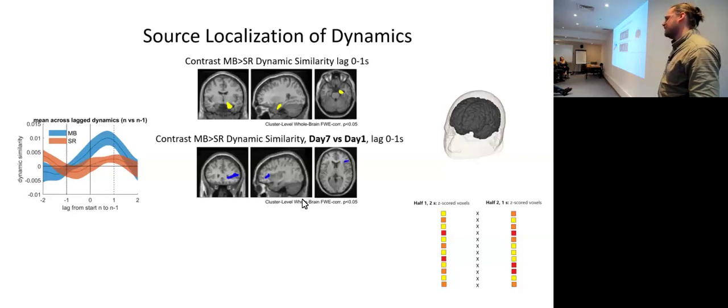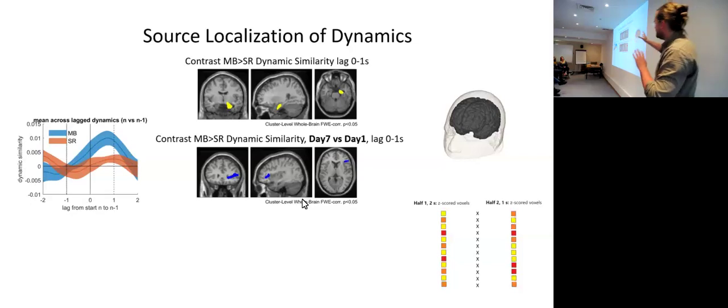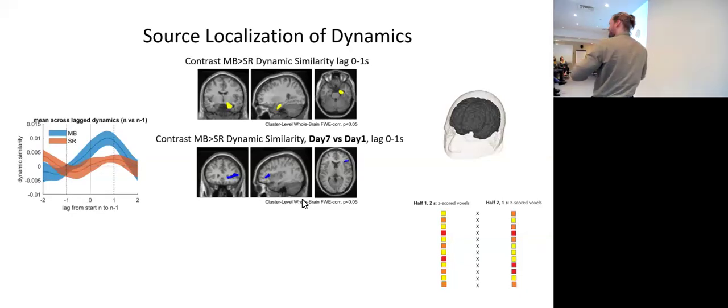The only area that survives whole volume correction is an area in the prefrontal cortex somewhere between the lateral frontal cortex, OFC, sort of the IFG, so Broca's area. I don't want to say too much about exactly what it is. It also expands quite a lot if you lower the threshold a little bit. The only other area close to significant is the exact same area on the other side of the brain.